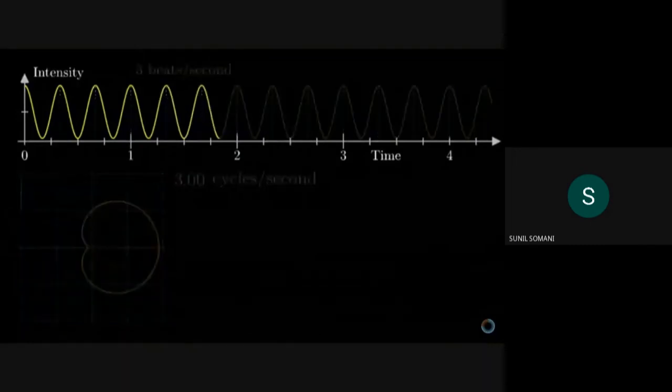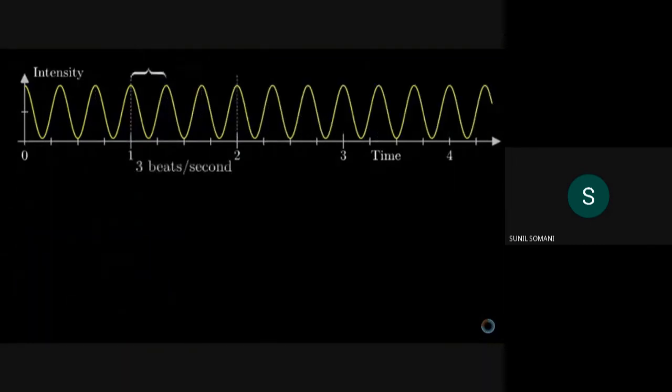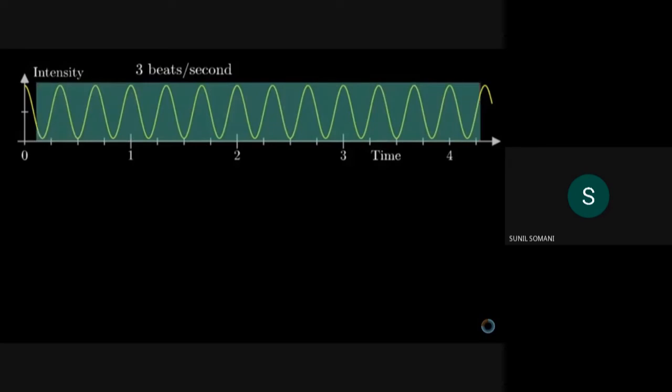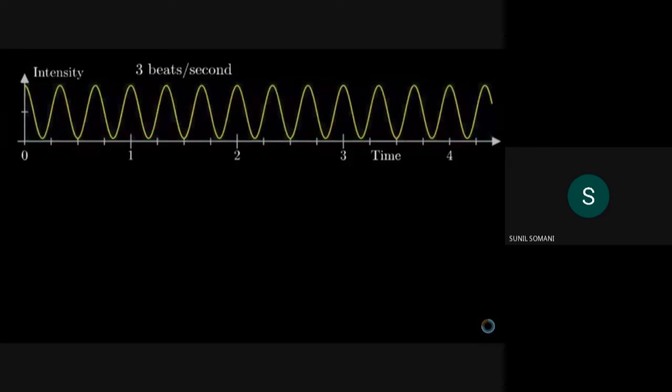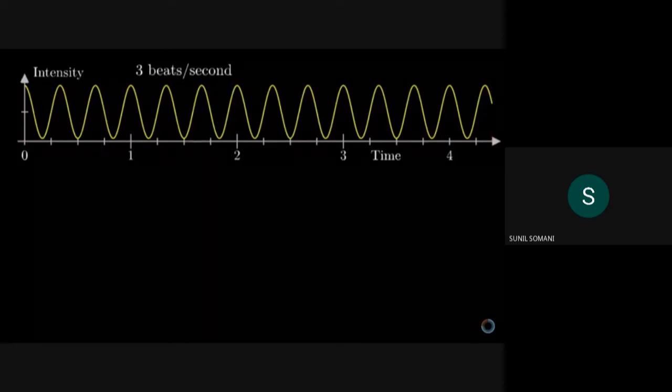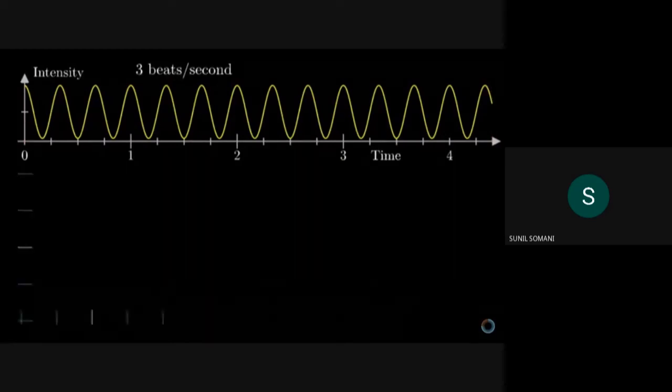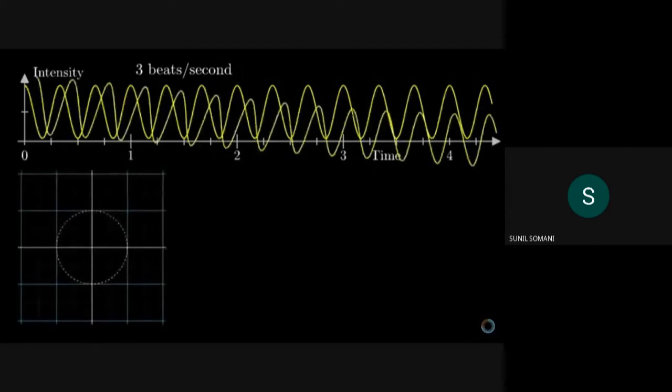To start, consider simply taking a pure signal, say with a lowly 3 beats per second, so that we can plot it easily. And let's limit ourselves to looking at a finite portion of this graph. In this case, the portion between 0 seconds and 4.5 seconds. The key idea is going to be to take this graph and sort of wrap it up around a circle.